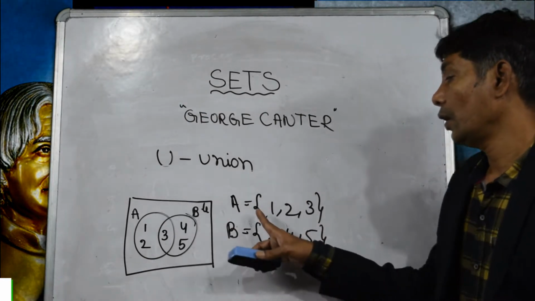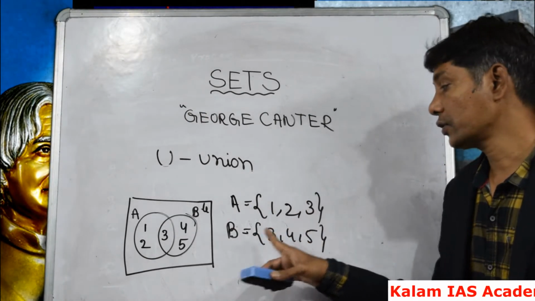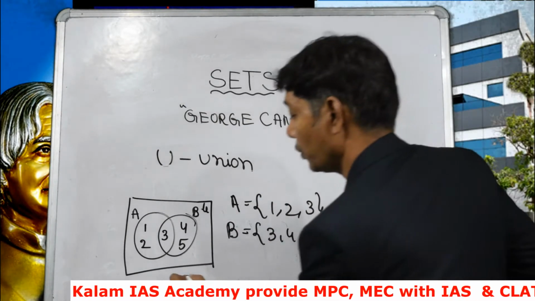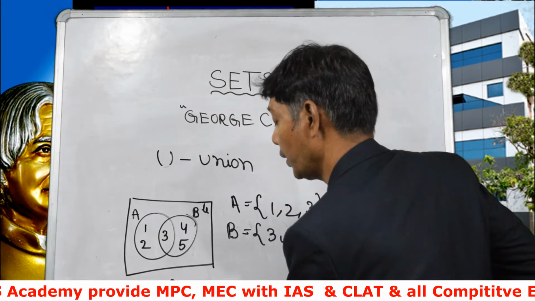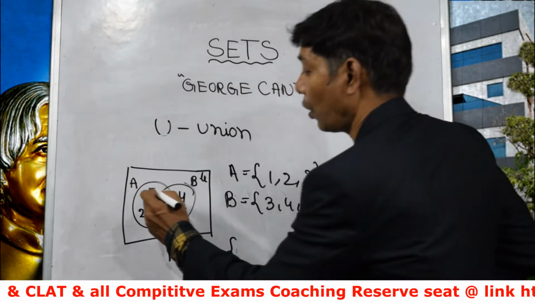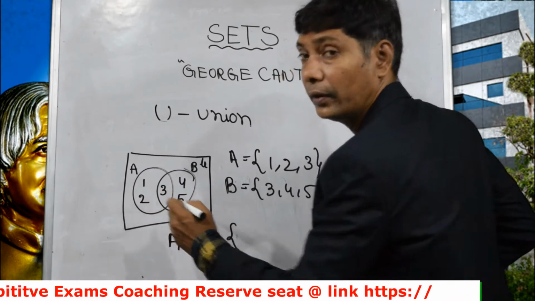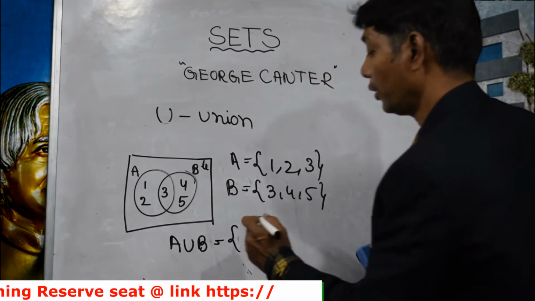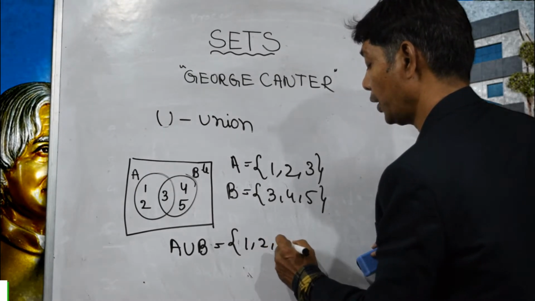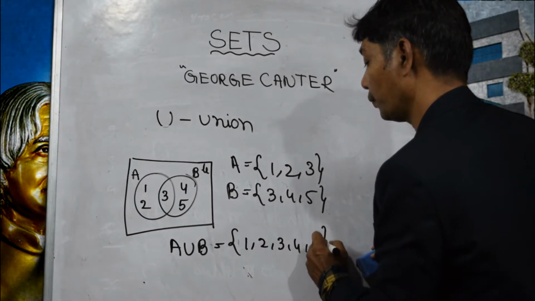If you write A union B, you have to take all elements in A and B. A union B means 1, 2, 3, 4, 5.